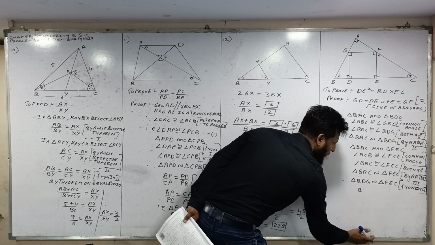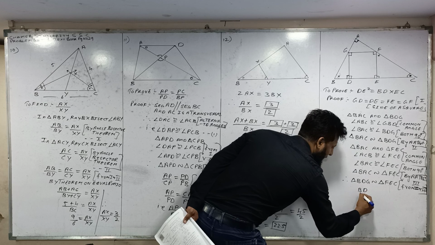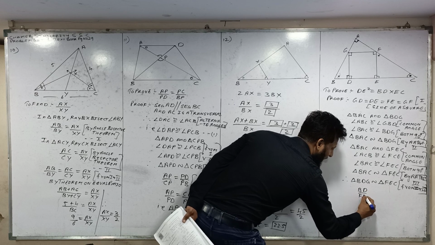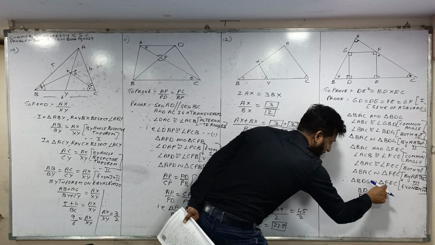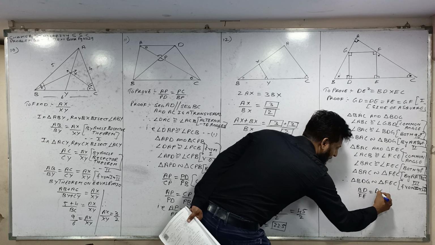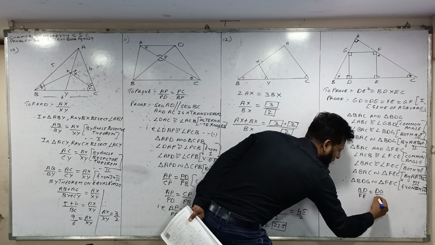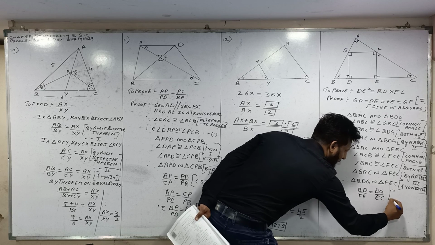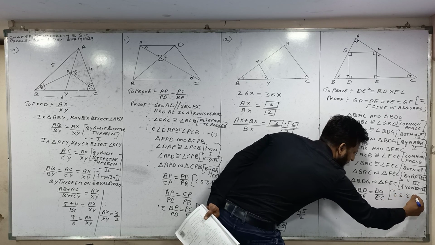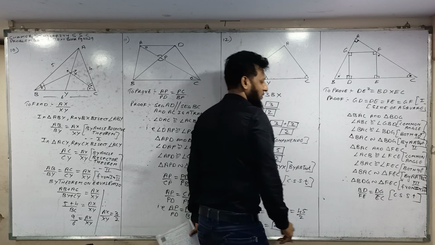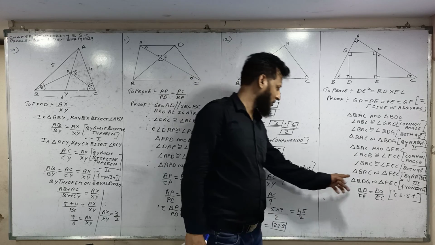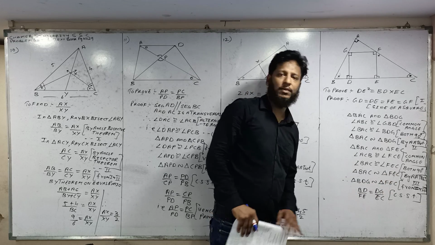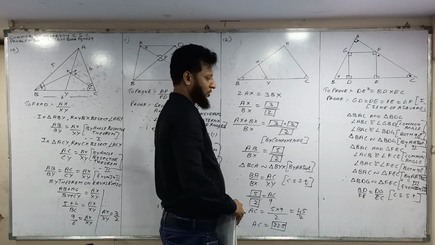BD proportional to FE, and DG proportional to EC, corresponding sides of similar triangles. We need only these two proportions. There is one more proportion, BG and FC. We don't need that proportion.